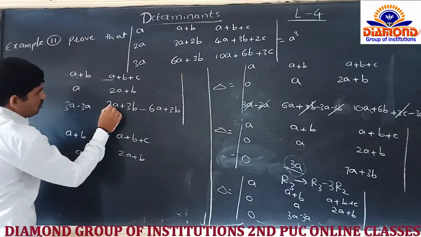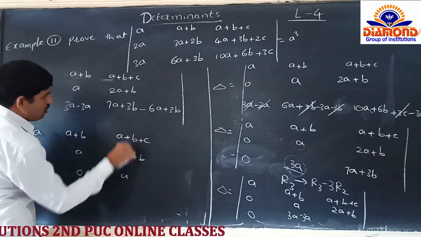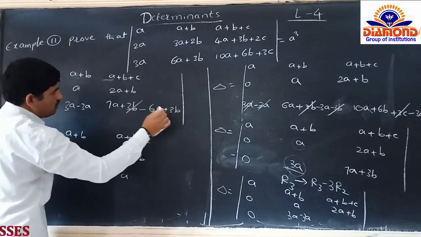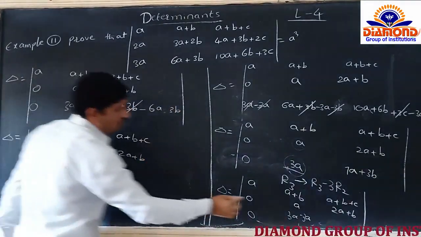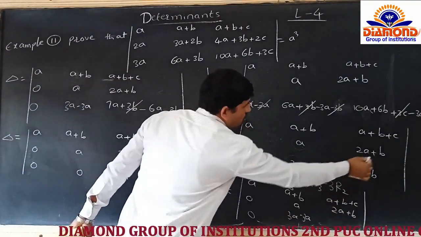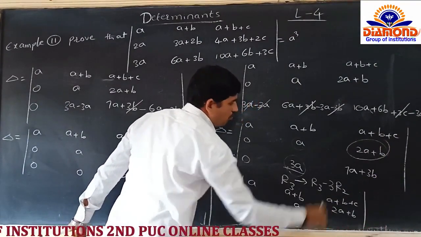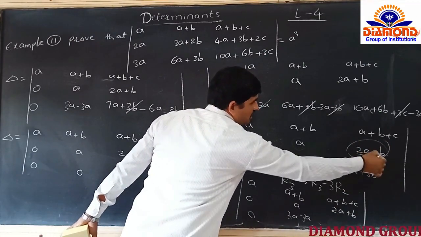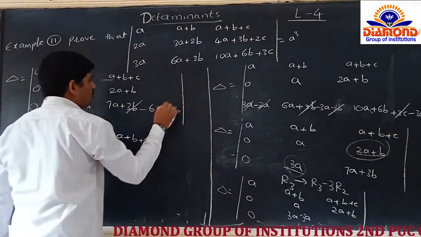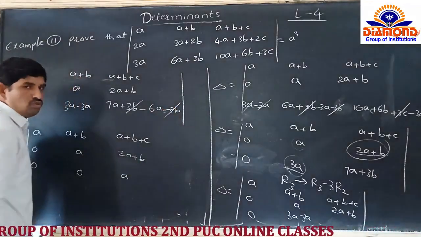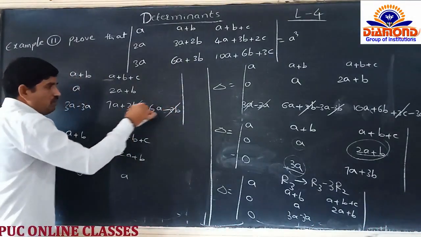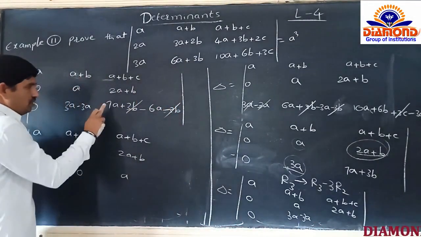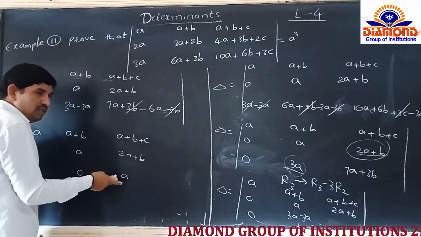Next one is 7a minus 6a we got a, and 3b multiplied with minus 3 into R2. So minus 3 into 6a, again minus 3b. Again these two get cancelled, so plus 3b minus 3b. 3a minus 6a, we got a.